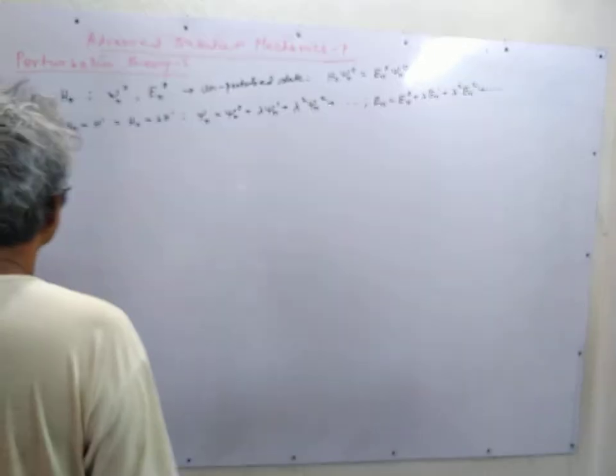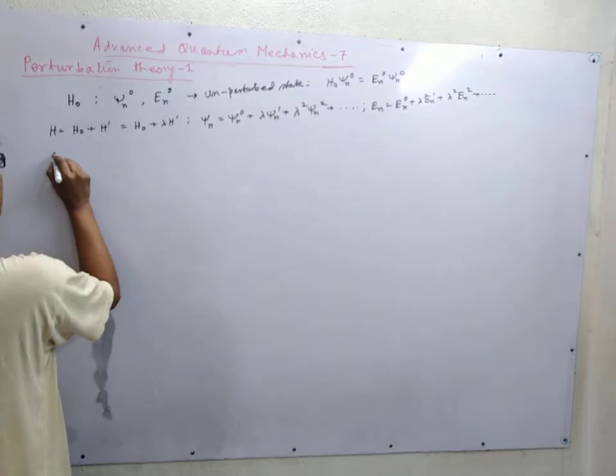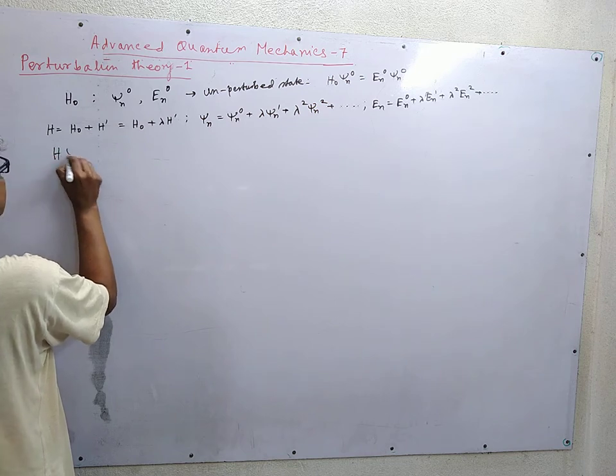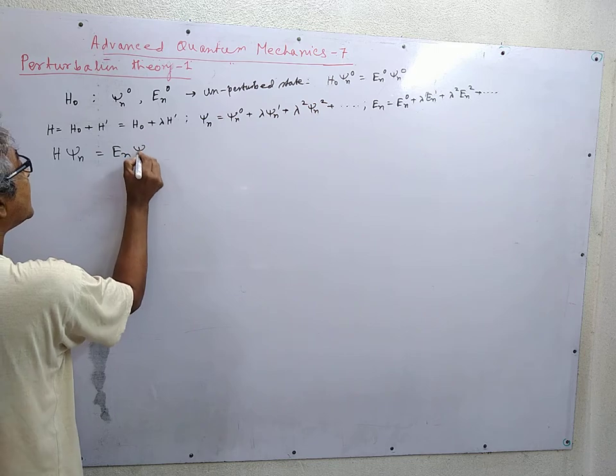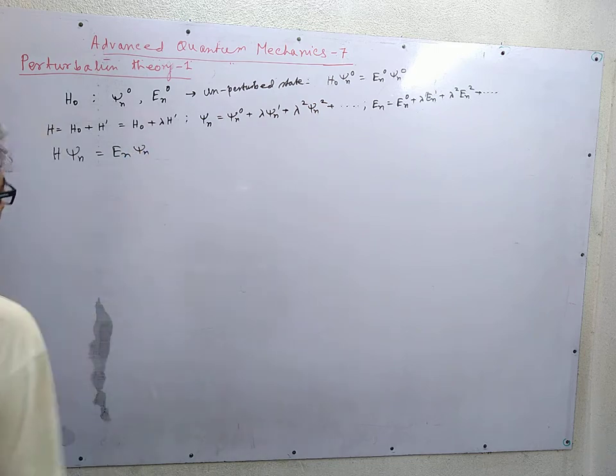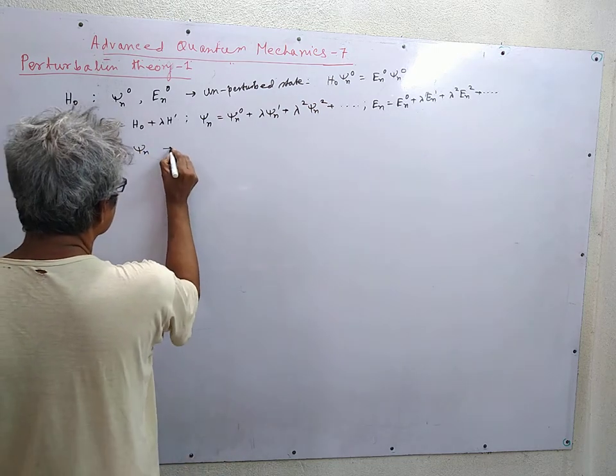And we assume that this new Hamiltonian satisfies the condition. This is the perturbed state.